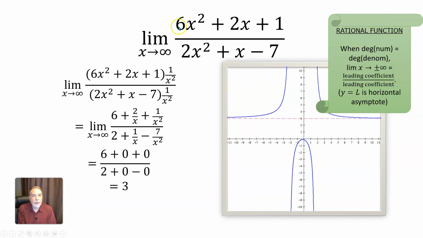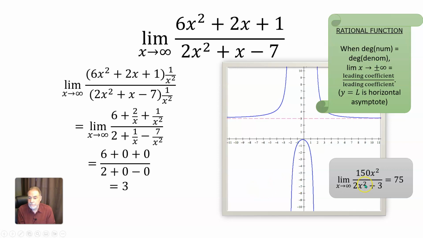So in this example, the numerator and the denominator were both degree 2. They had the same degree. So the leading coefficient of the numerator was 6. The leading coefficient of the denominator was 2. And by taking 6 over 2, we got our limit of 3. We saw another example of that early on in the video.